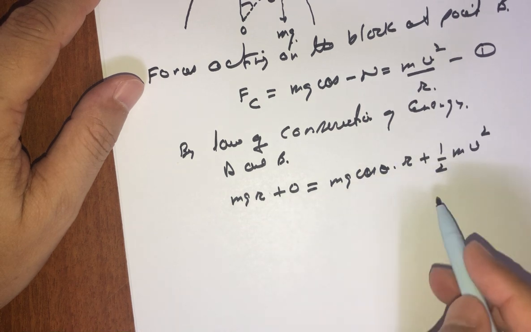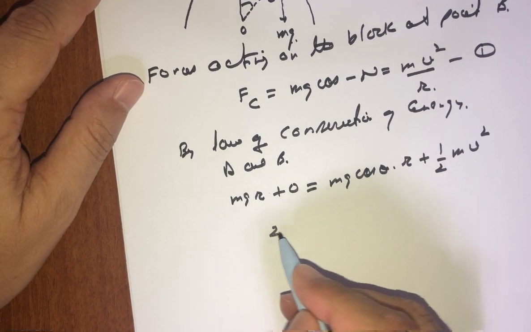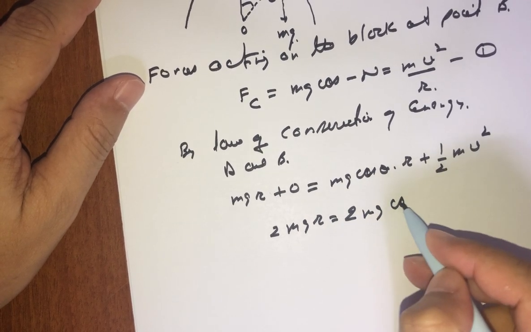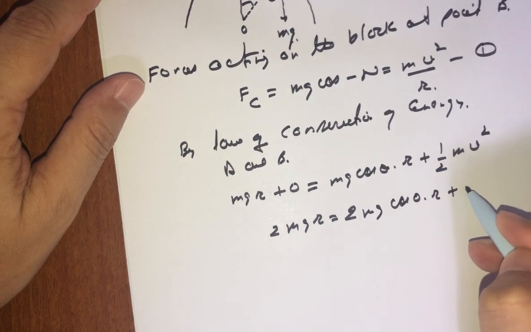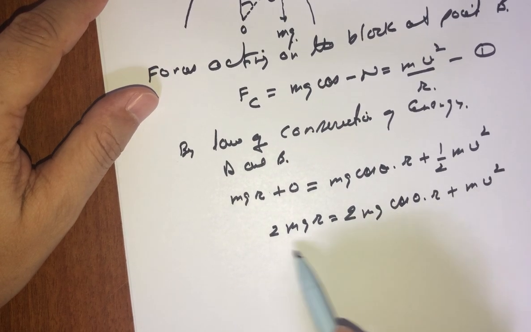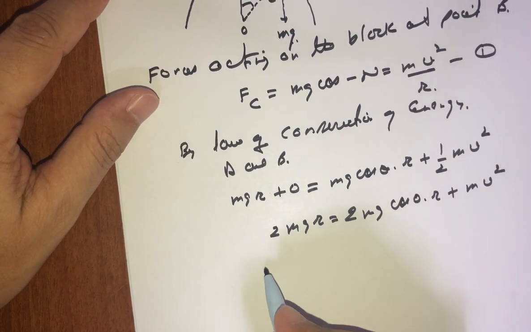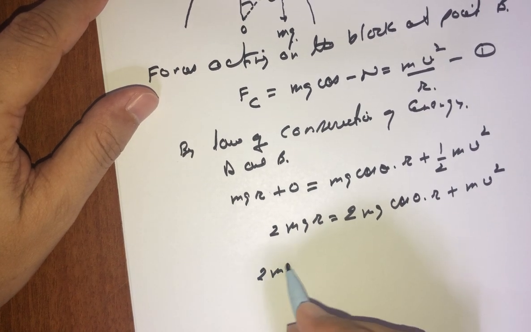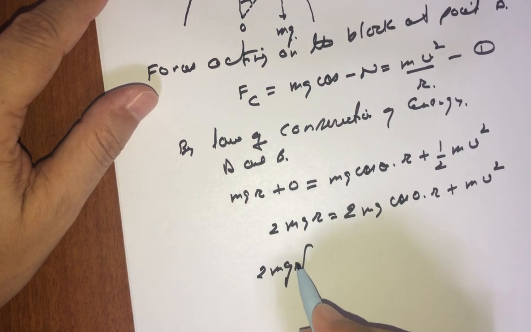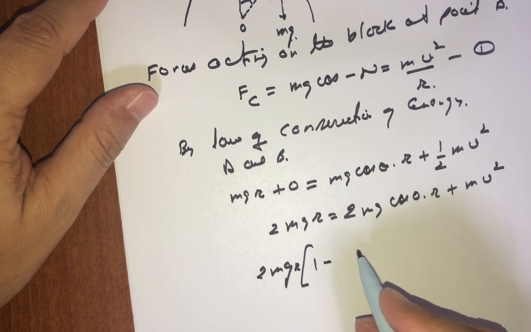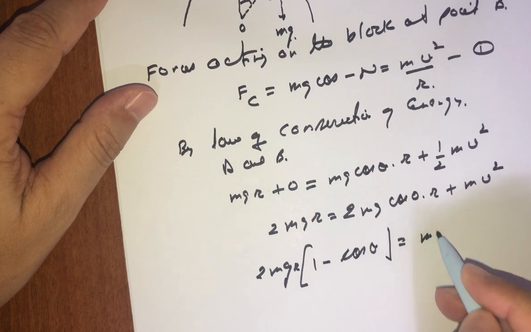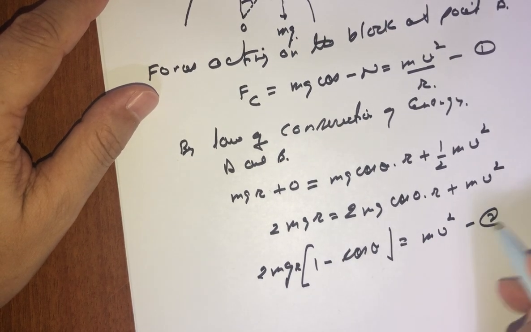From this we can write 2mgr is equal to 2mg cos theta multiplied by r plus mv square. If we bring this to the left side and take 2mg outside the bracket, we get 2mgr (1 minus cos theta) is equal to mv square. Let me call this equation 2.